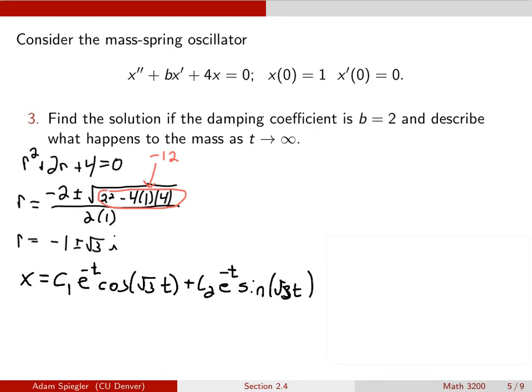And then using our initial conditions, we could solve for these arbitrary constants, C1 and C2, and we get that C1 is going to equal 1 and that C2 is actually 1 over the square root of 3.